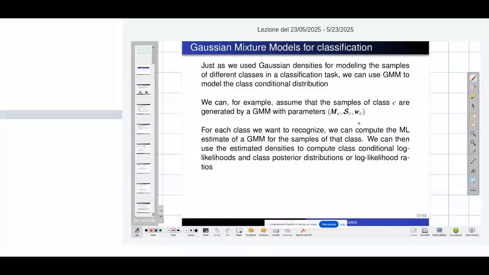But for now, take for granted, if you want, you can already read the proof, that this procedure will increase the likelihood until it reaches a point where the likelihood is flat. So a saddle point of the likelihood, which hopefully will be a local maximum. But in any case, as long as the likelihood is not flat, this algorithm will keep increasing the likelihood at each iteration.